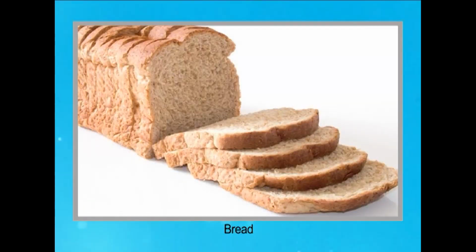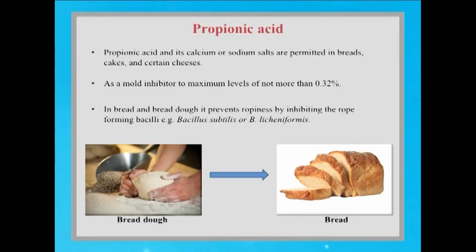Whenever we make bread, if we add propionic acid to the bread dough, we can increase the shelf life of the bread for a much longer time. This propionic acid is again an inhibitor of mold, and it should not be used at a concentration which is more than 0.32%.